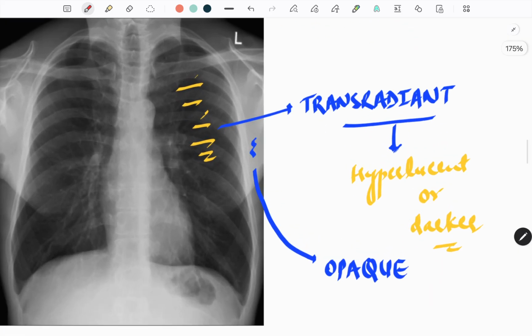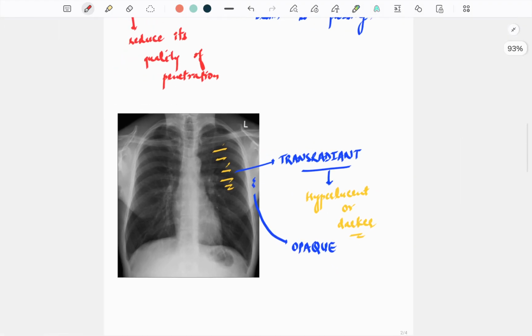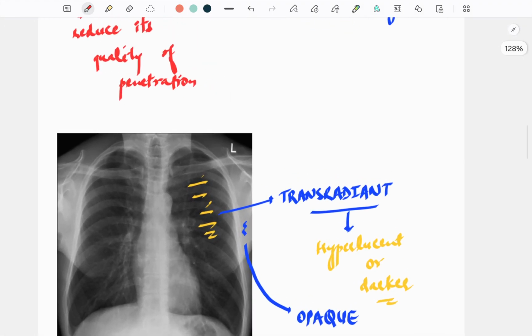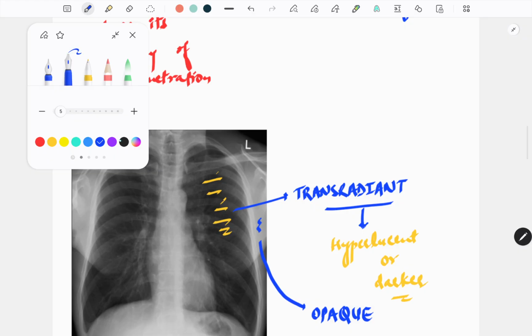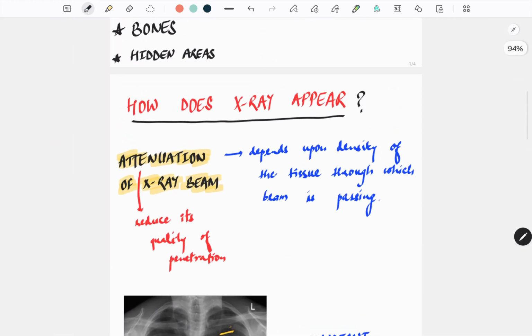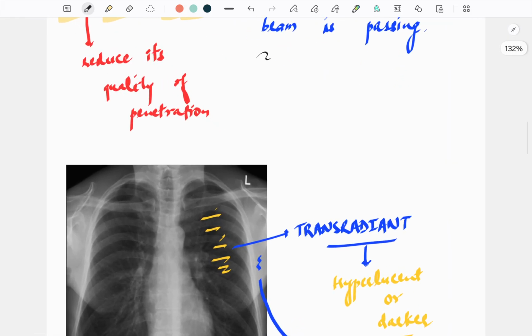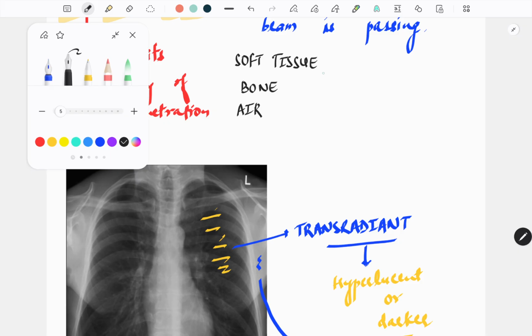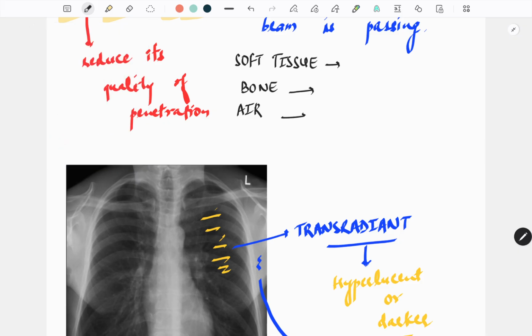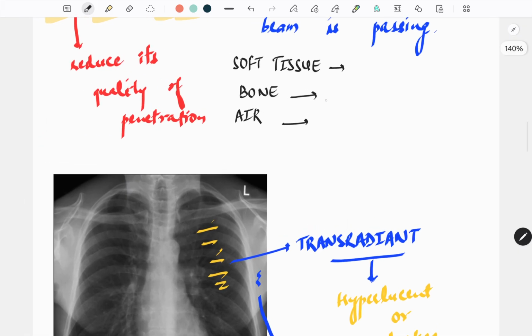So utilizing this principle, what we can interpret is: soft tissue, bone, air, which of these is having maximum density?